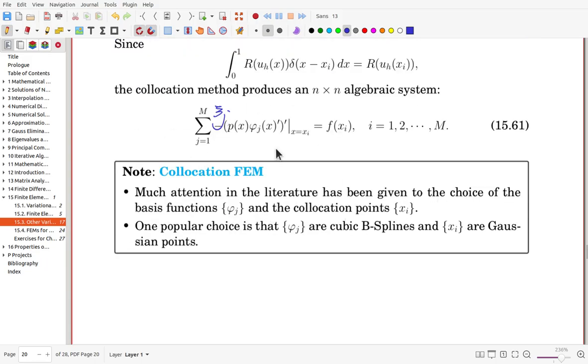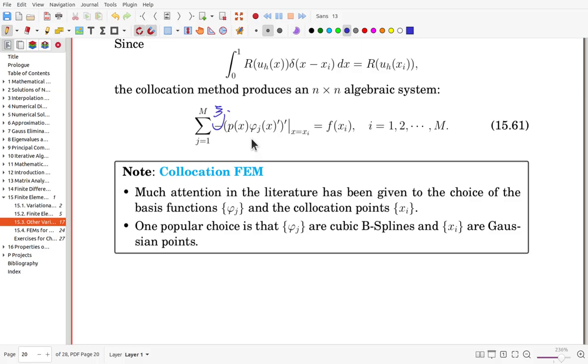Now, if you choose the i-th point, i from 1 to n points, you can get n equations. And this one originally has n unknowns. So carefully choose the collocation points so that you get n equations having n unknowns, and you can solve the problem.